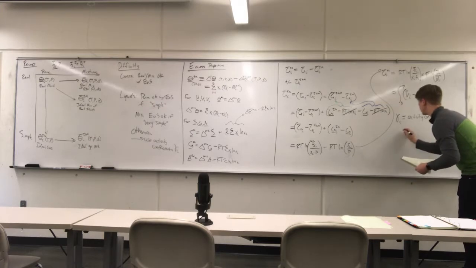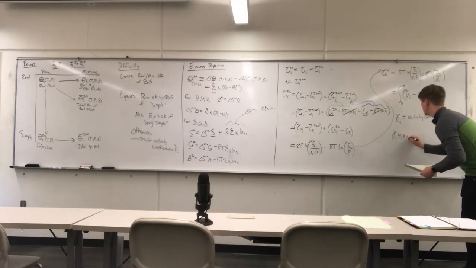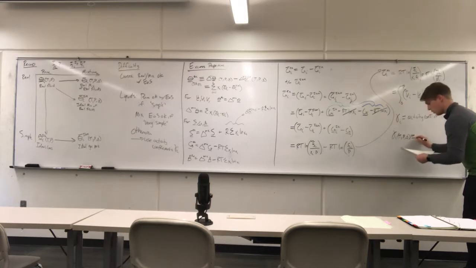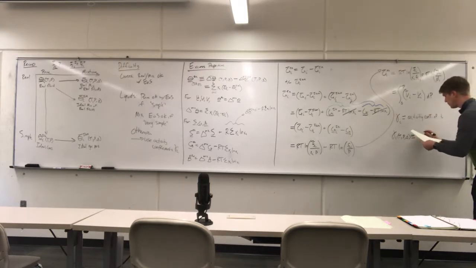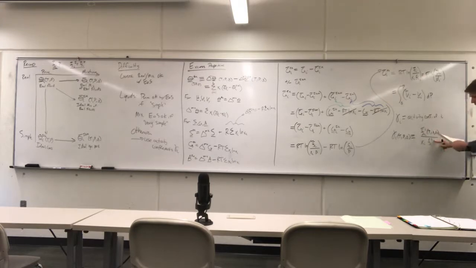And we define it so it is a function of temperature, pressure, and composition. We define it as, like so. Typically, I'll put little L's here. Typically, we only use it for liquids.